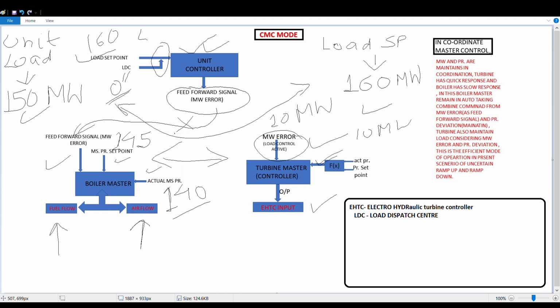Also, in the turbine master, because the load difference is now plus 10 megawatt, the ESTC input will also increase. This will lead to the opening of the control valves, and we will reach the desired load. Also, as the fuel flow and the airflow are increased, the MS pressure will start rising, and therefore we will reach the MS pressure set point also.